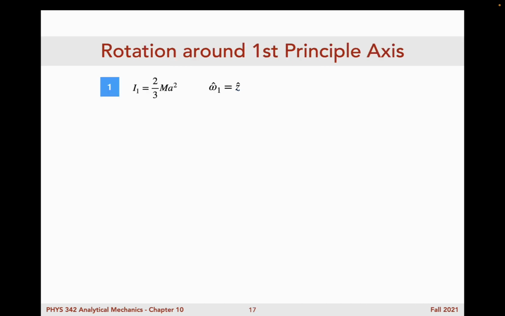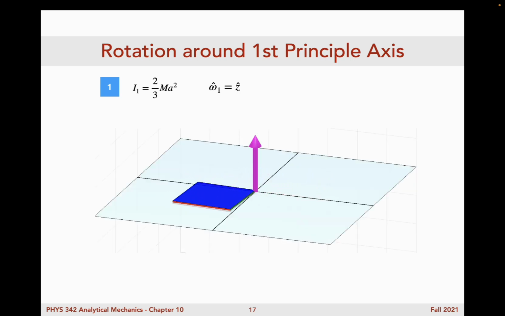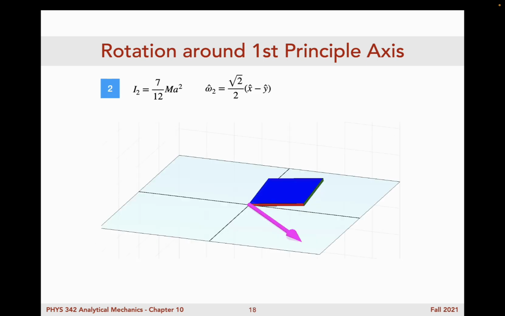Let's look at a simulation to see what it looks like. Here's the plate spinning around the z-axis. You can see it's just spinning around by one corner there. Here's the plate spinning around that diagonal with a negative slope.